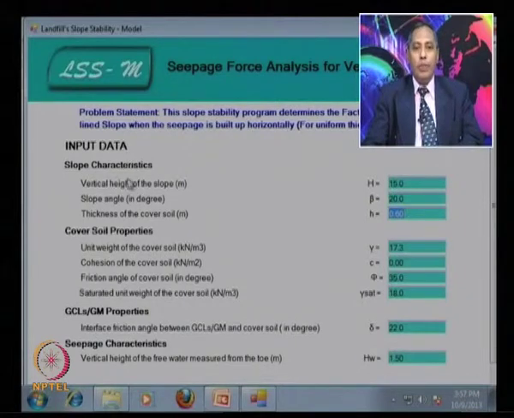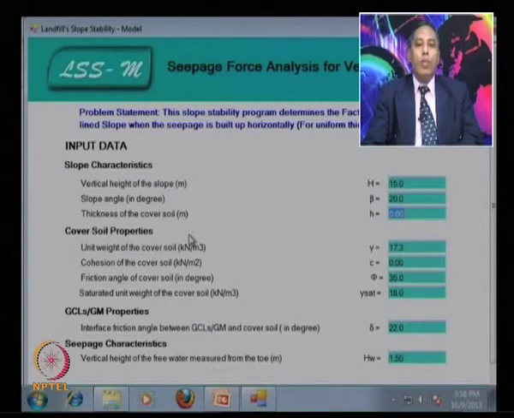Here you put the input data, that is slope characteristics: the vertical height of the slope capital H is equal to 15 meter, the slope angle beta is 20 degree, and the thickness of the cover soil h is equal to 0.60 meter.